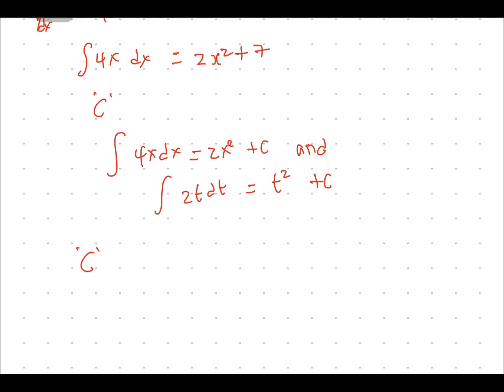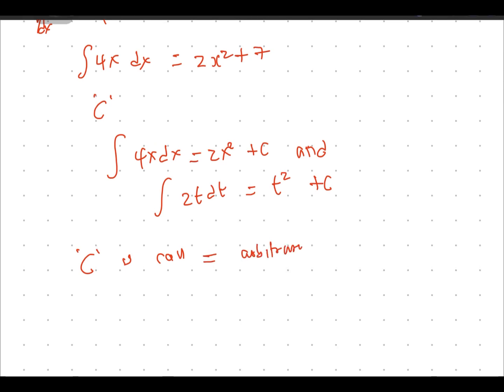Now, as I said, the c is called the arbitrary constant of integration. To account for this anomaly, this is what we do.